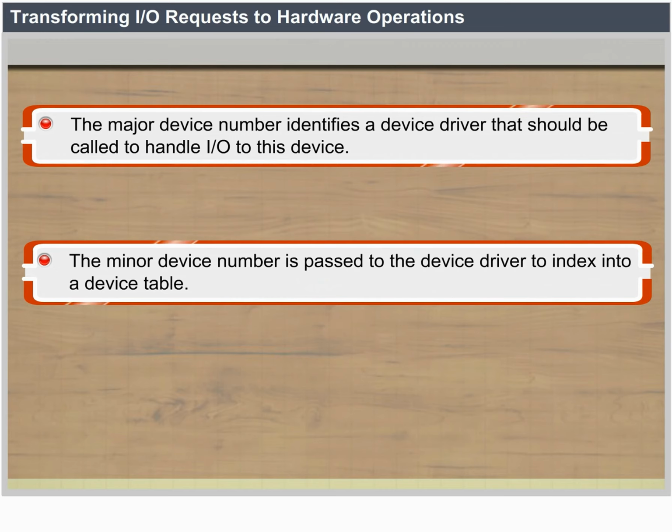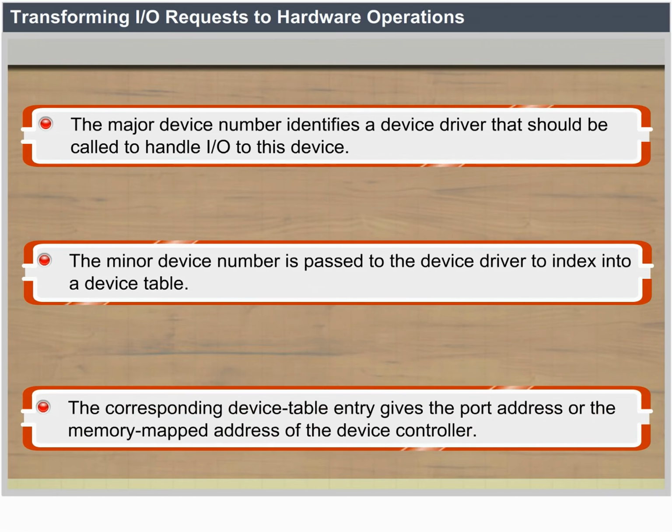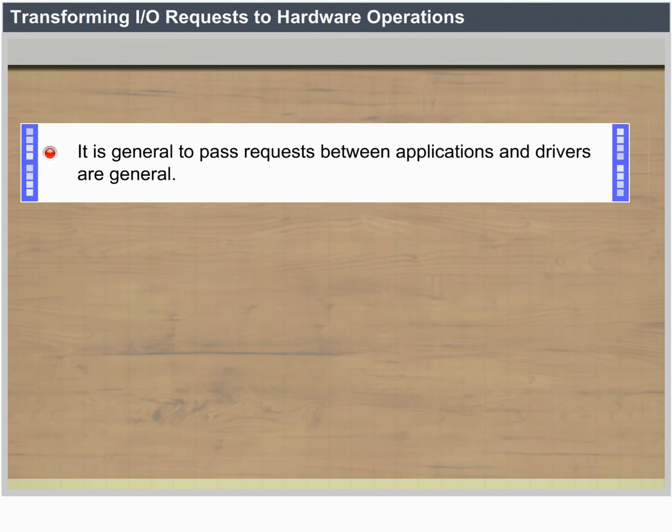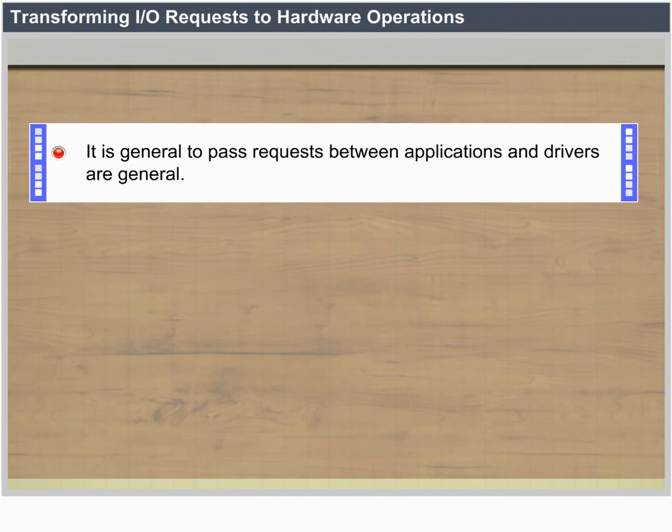Modern operating systems gain significant flexibility from the multiple stages of lookup tables in the path between a request and a physical device controller. The mechanisms that pass requests between applications and drivers are general. Thus, we can introduce new devices and drivers into a computer without recompiling the kernel.